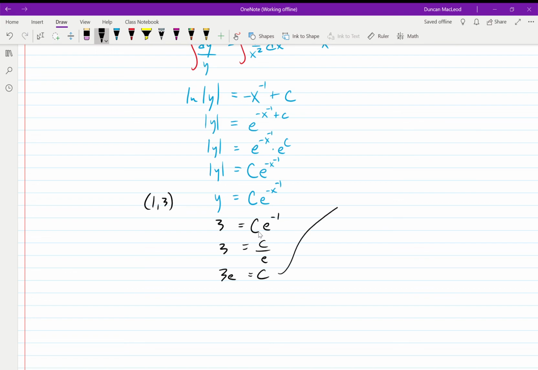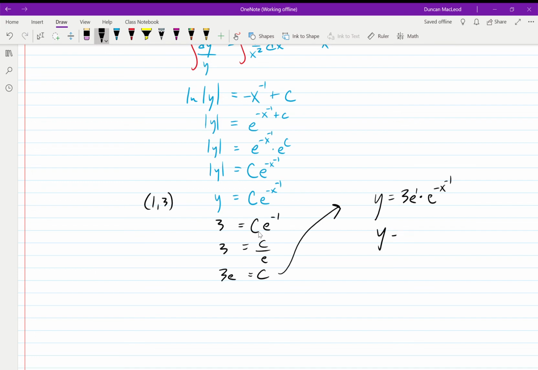And let me write my particular solution, because I have a feeling I'll have to work with it a little bit. So y equals 3e, because that's c, times e to the negative x to the negative 1. And whether it's obvious or not to you right now, this actually says e to the first times e to the negative x to the negative 1.